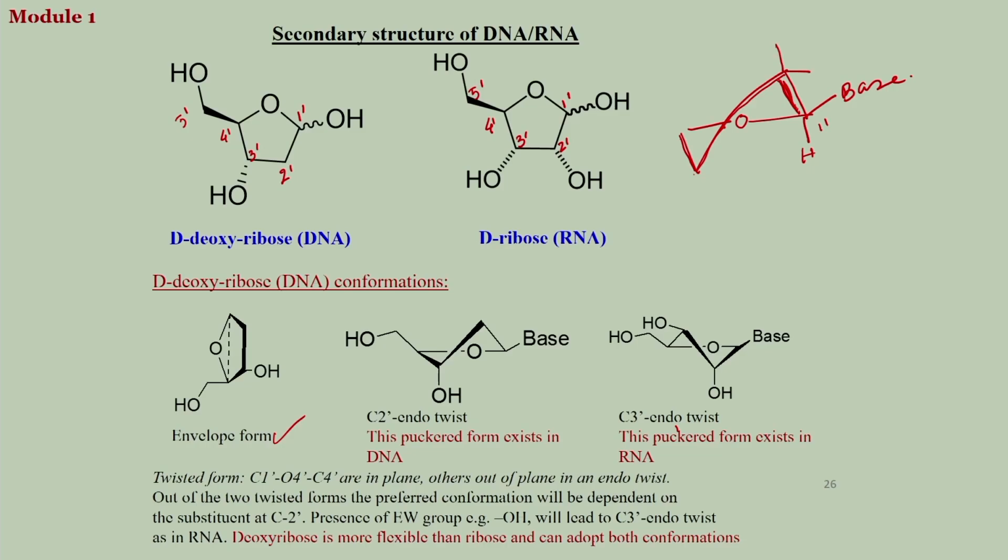At the 2' position there is no hydroxyl, both are H, axial is H, equatorial is H. At the 3' position you have one hydroxyl group, and that is down the plane, which is axial; equatorial is H. Now, CH2OH is of course up the plane, so that is kind of axial; equatorial is H. So, this would be the pucker conformation of the deoxyribose if you twist it at the 2' end, and this is known as 2' endo twist.